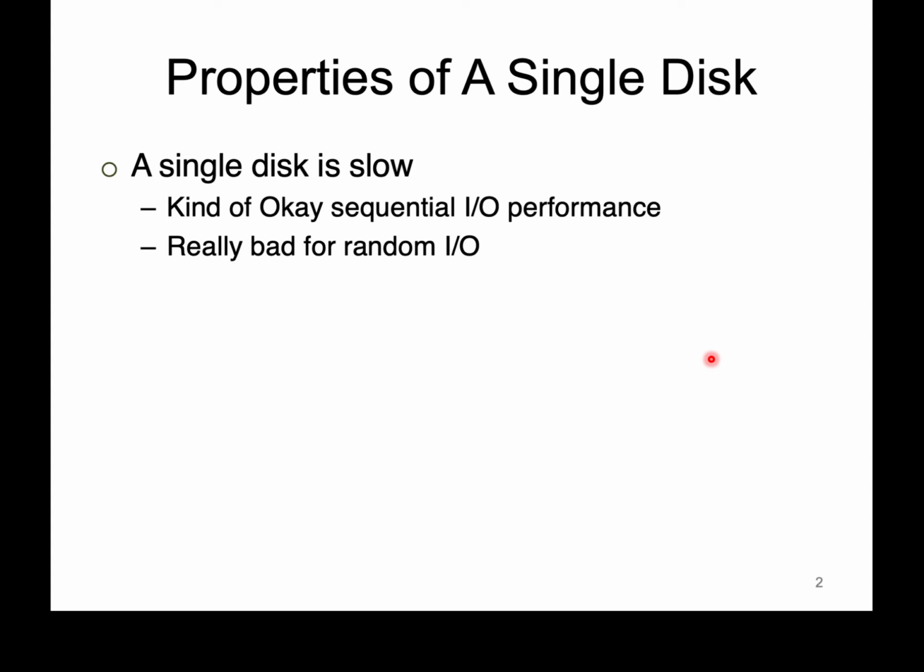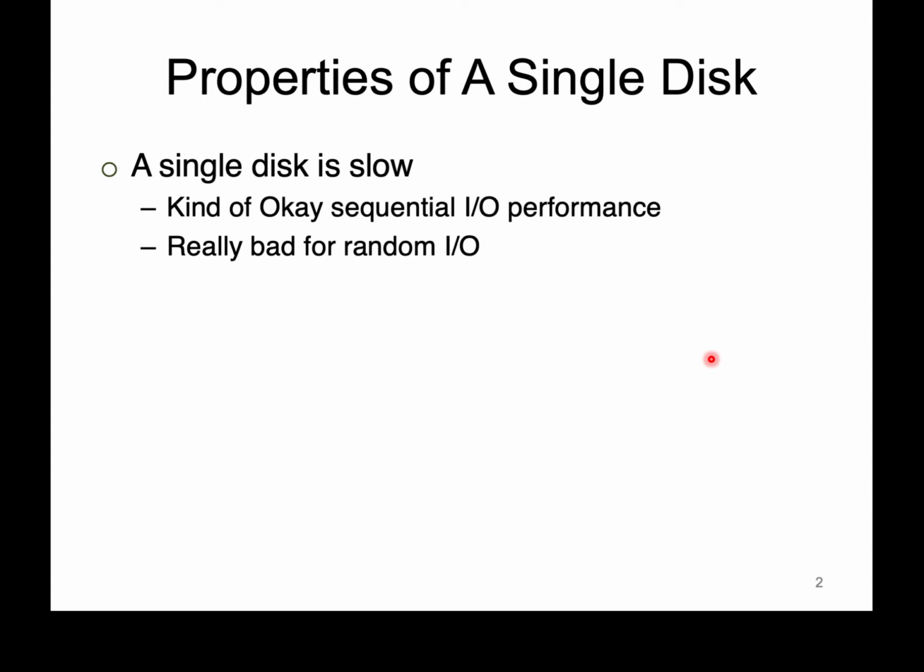The very first property of a single hard disk drive is that a single disk is very slow. It's good for sequential I/O performance if the I/O is touching a consecutive set of sectors or disk blocks.